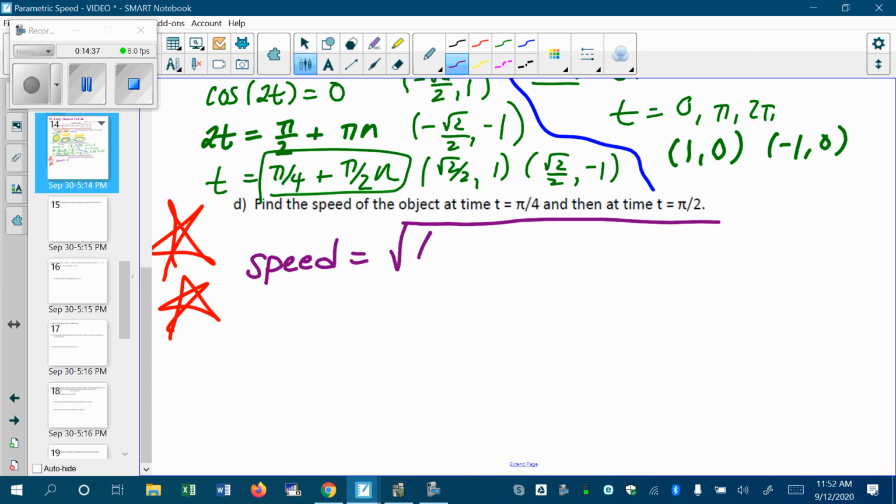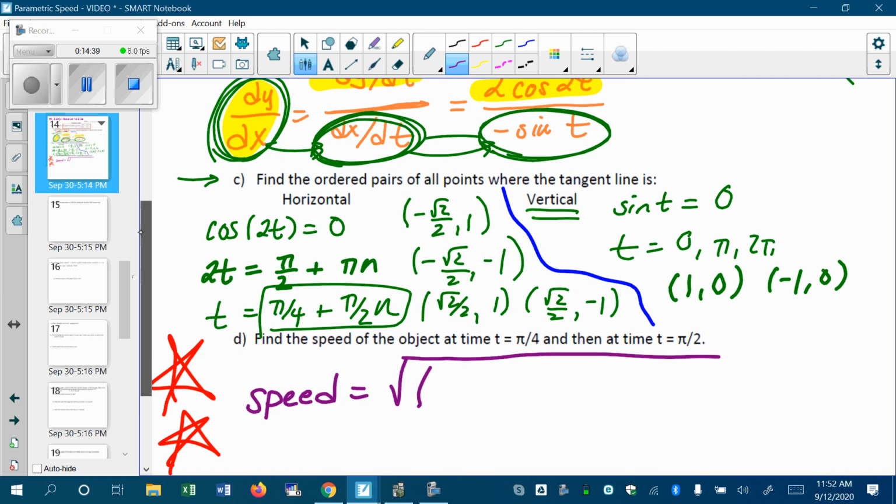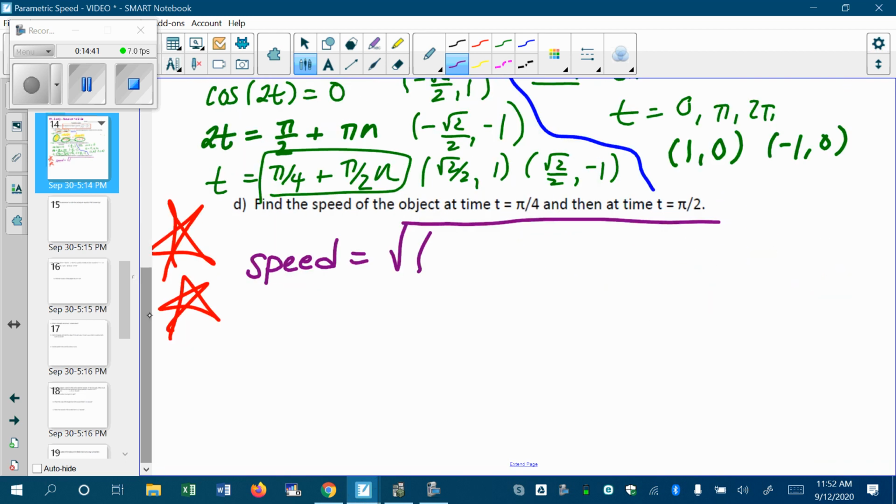So I'm going to take my two derivatives. My dx/dt was negative sine of t, and my dy/dt, and I'm going to square those and take a square root. So that's my formula for speed.